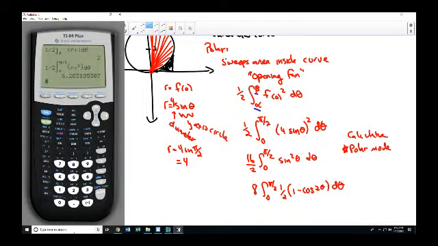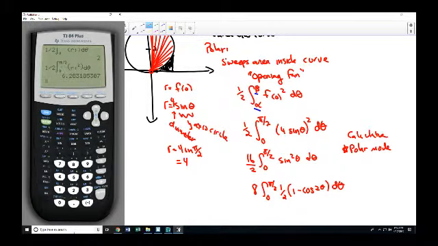There we go. And then if you wanted to, pi r squared divided by 2 will give you the same answer. It's a circle, right? There you go.